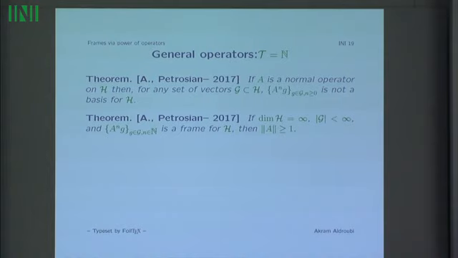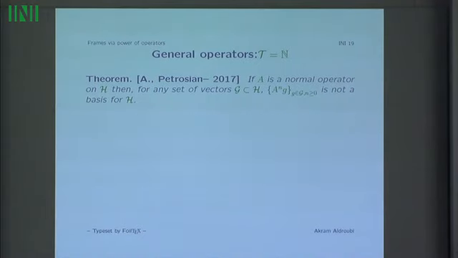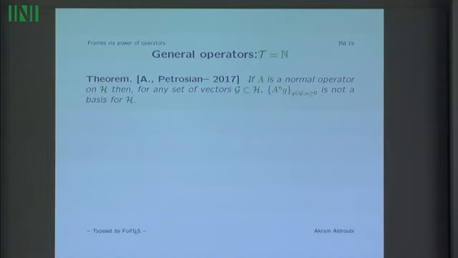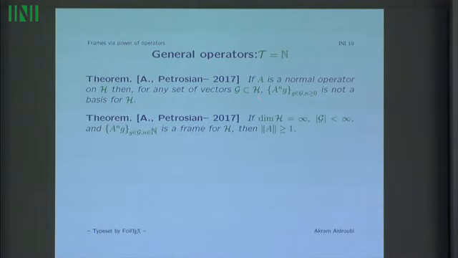So together, for an infinite dimensional Hilbert space and a finite set G, this result tells you essentially that the spectral radius of A is less than or equal to 1. So you know that for normal operators, A has to have essentially norm 1 for you to obtain frames.